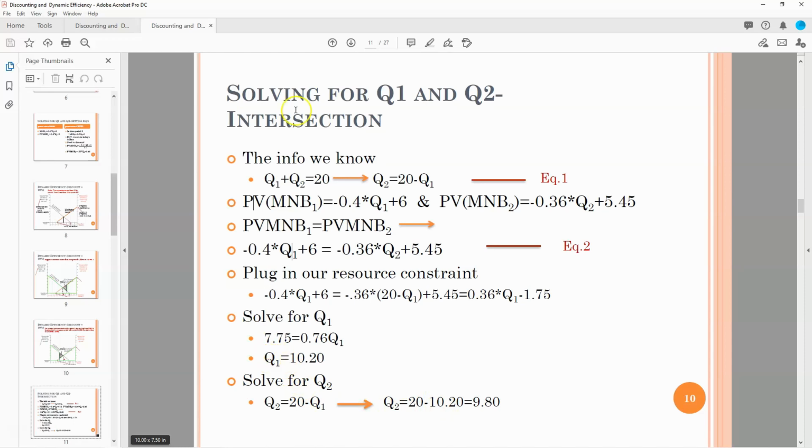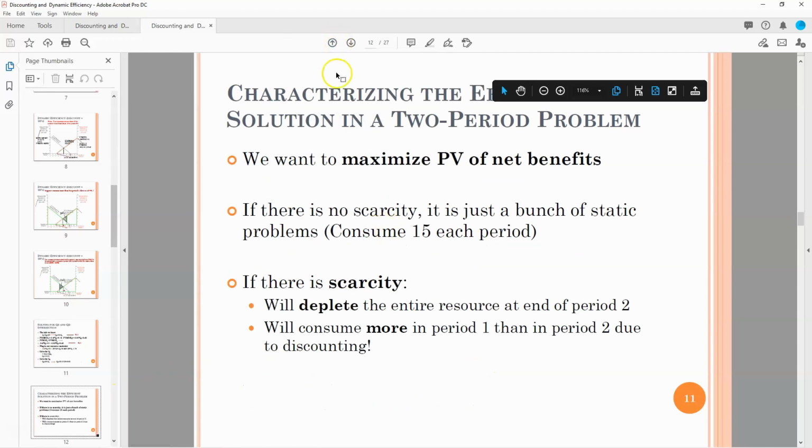So according to the math, our Q1 is equal to 10.2, and our Q2 is equal to 9.8 when there is a discount rate equal to 10%. So all we want is to maximize the present value of net benefits. We want to maximize the sum of present value in period 2 and period 1.